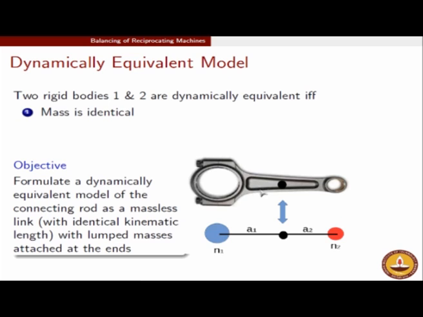We are considering this representation of what looks like a reasonably correct geometric figure of a connecting rod. This is how a connecting rod actually looks. Now, I want to forget all the details and say that I wish to have a simplified connecting rod. And what is my simplified connecting rod?